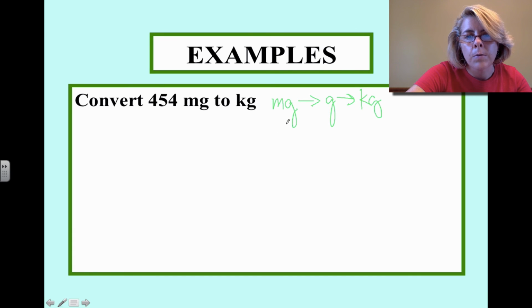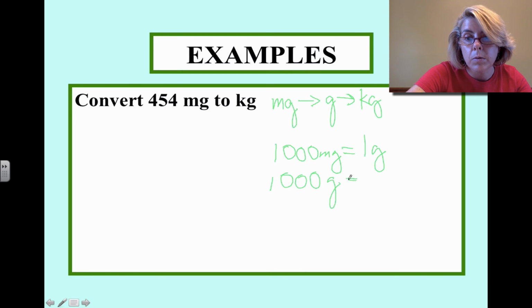Now, in order to go from milligrams to grams, you need to know, and this is something that you're not going to get a conversion factor for, 1,000 milligrams equals 1 gram. Now going from grams to kilograms, you need to know that 1,000 grams equals 1 kilogram.